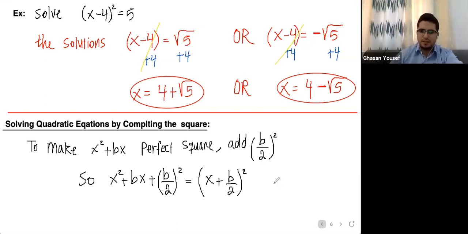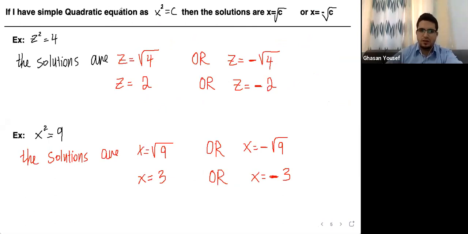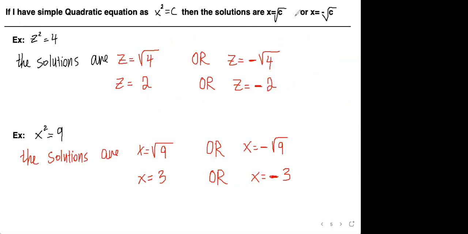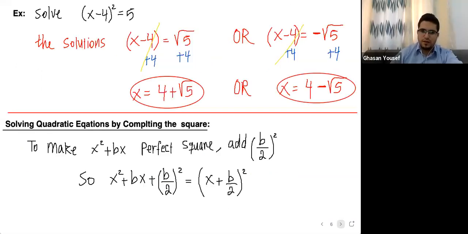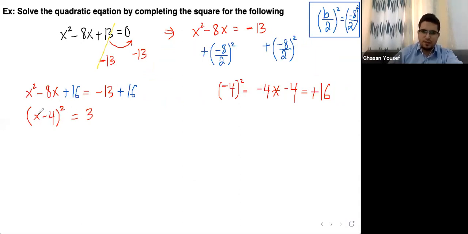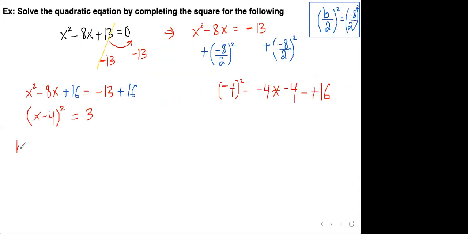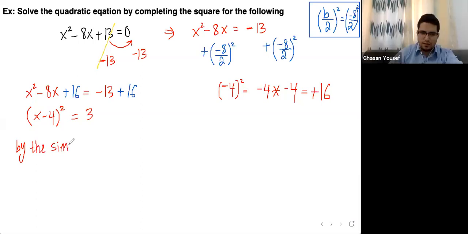This is a simple quadratic equation. I can solve it by taking the square root of c, and the minus of the square root of c. So I can solve it now by the simple quadratic equation.